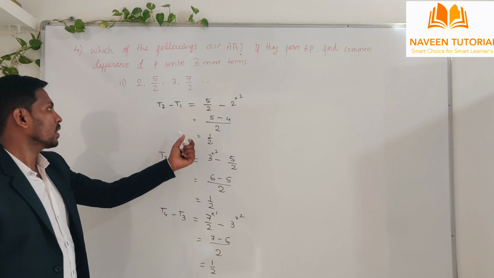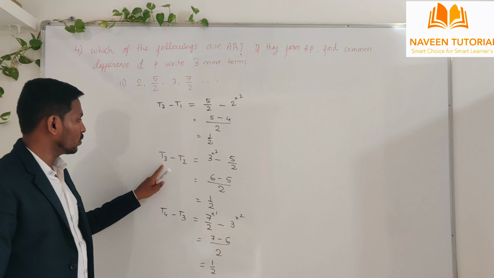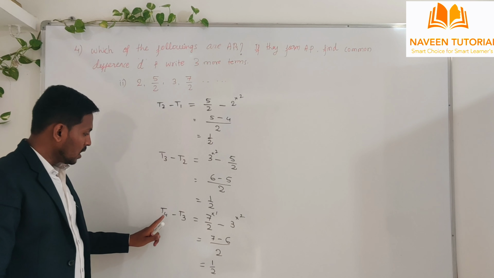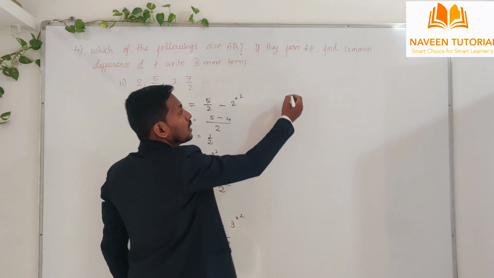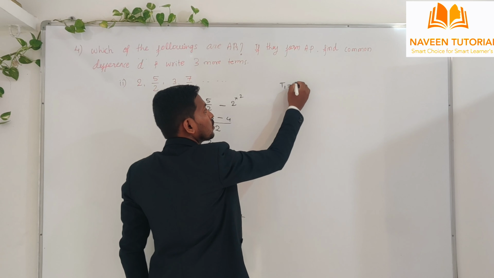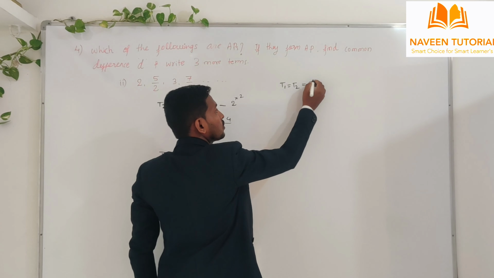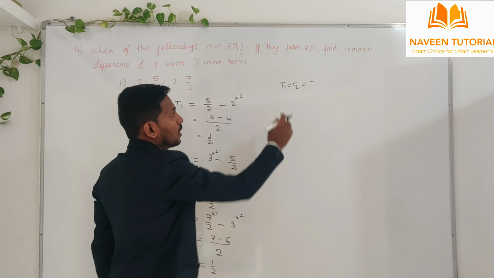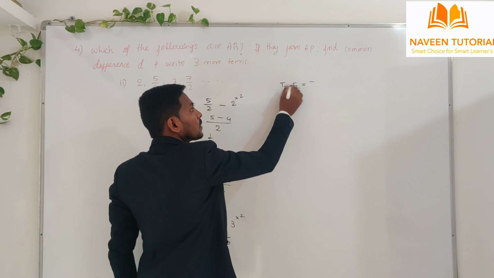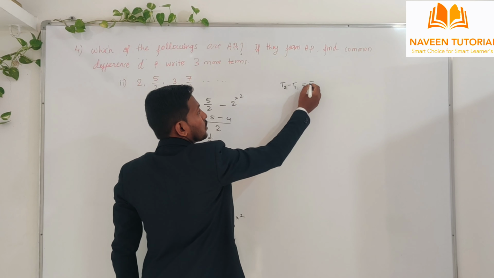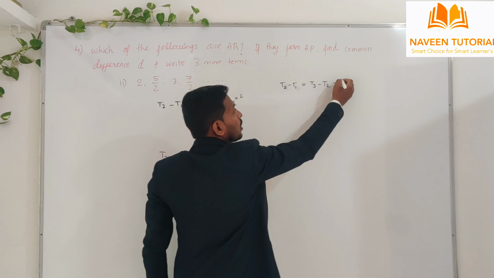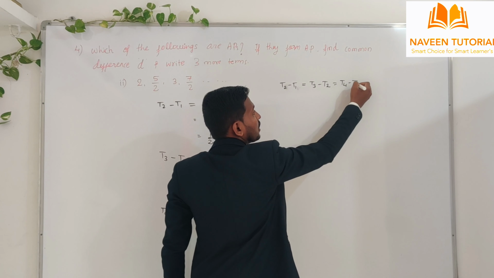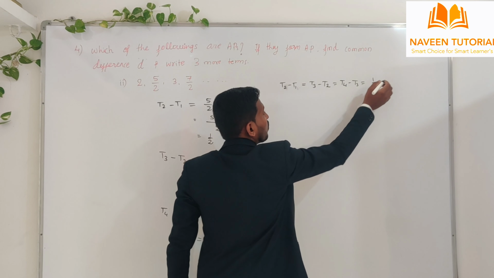So here we got T2 minus T1 is equal to 1 by 2, T3 minus T2 is equal to 1 by 2, and T4 minus T3 is equal to 1 by 2. So therefore T2 minus T1 is equal to T3 minus T2 is equal to T4 minus T3 is equal to 1 by 2.